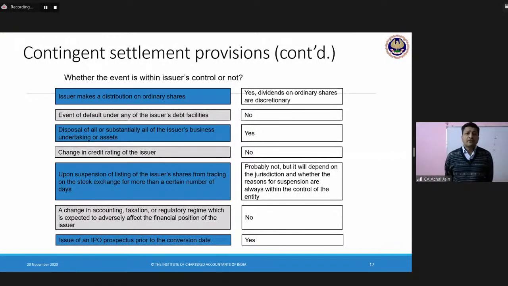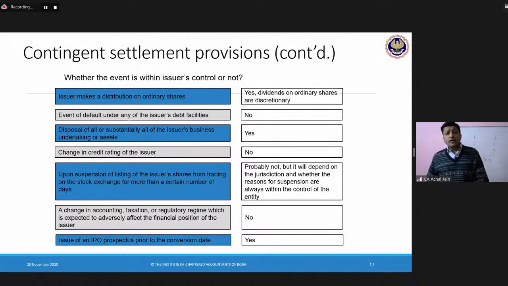We need to check whether the event is within the control of the issuer or not. Issuer makes a distribution on preference shares. Can we say this event is within the control of the issuer? Yes. So can it become a contingent settlement provision? No. Event of default under any of the issuer's debt facilities. Can this be in the control of the issuer? No.